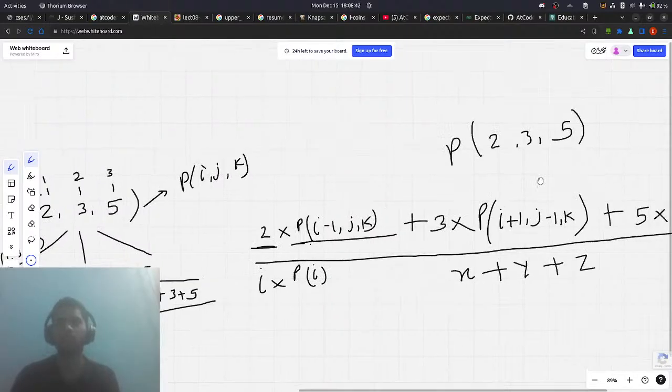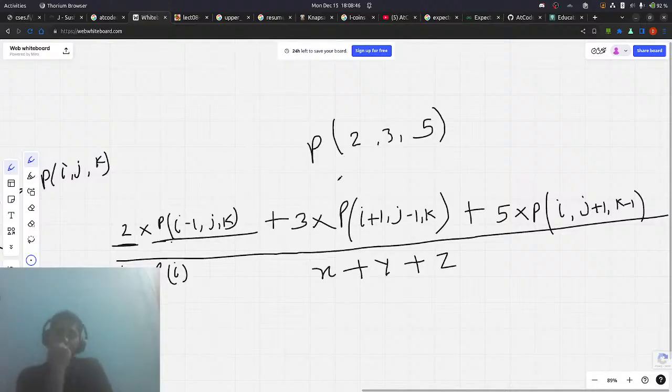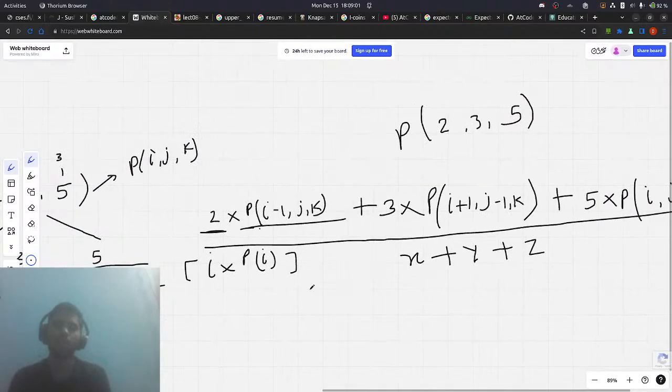Okay. So yeah, this is the transition function. We have different piles of sushis, and we are choosing from one of them, and then calculating our expected answer from it.